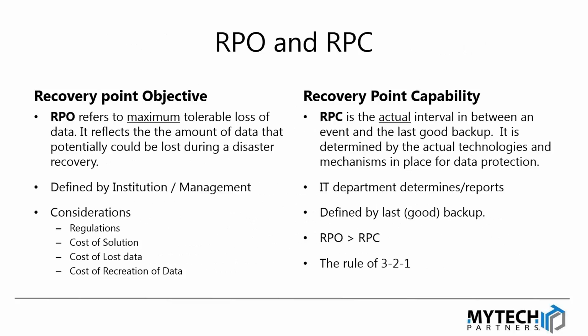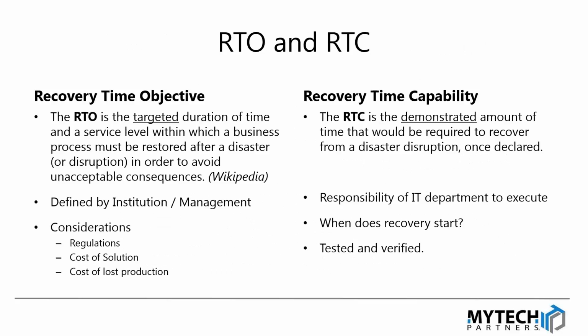And moving on to the soup, I'm going to talk about recovery time objective and recovery time capability. So this really refers to things on the other side of the event. We were talking about previously things you can do before a bad thing happens, and now we're talking about what you do after the bad thing happens.